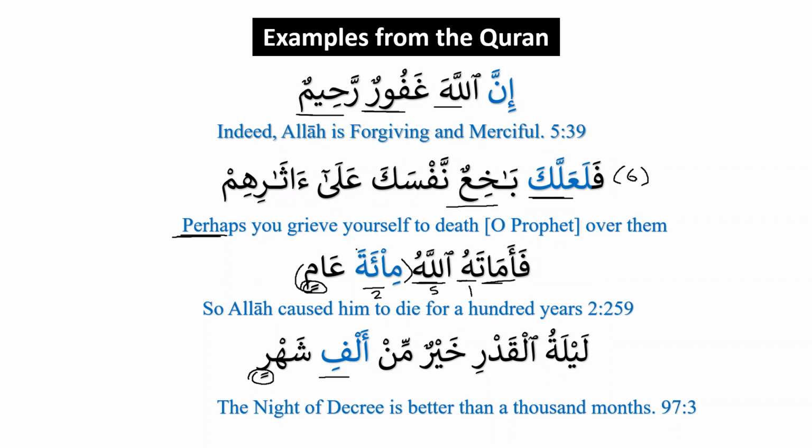Also, if you take it as a dharf, an adverb of time, we know that an adverb of time is also mansub. And here alfi is majroor because of the harf jar min, and we know that mudaf can be marfu, mansub, or majroor, but mudaf ilayh is always majroor.